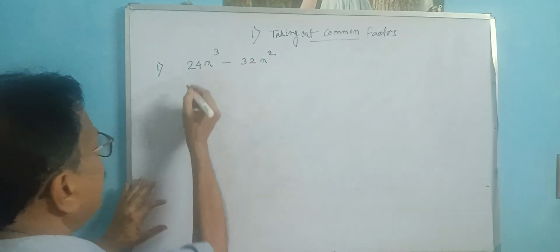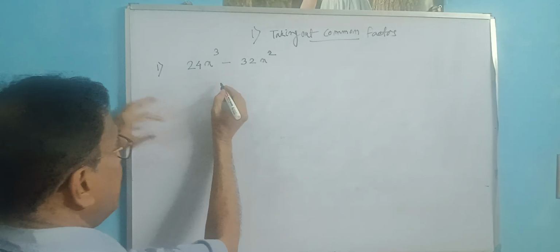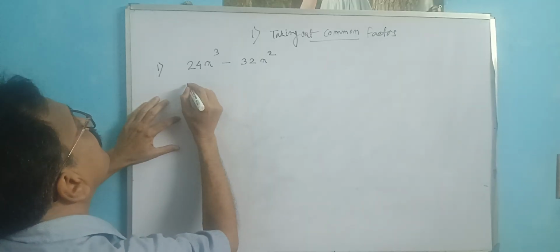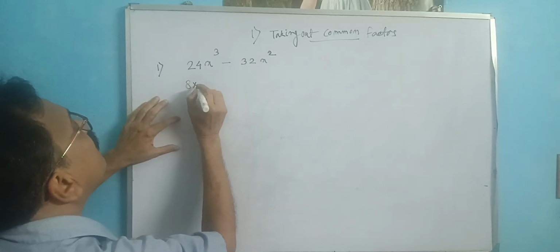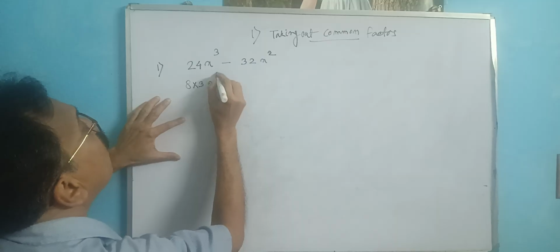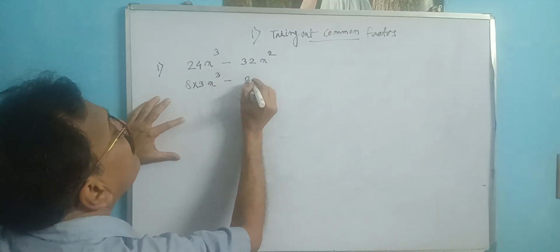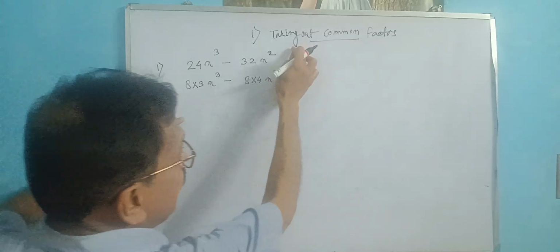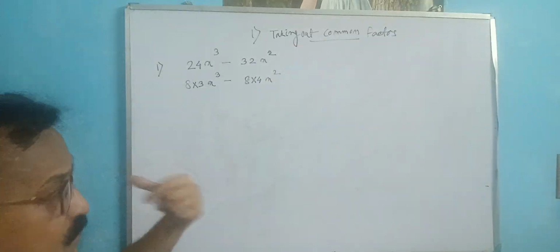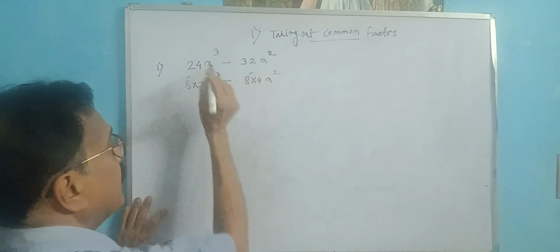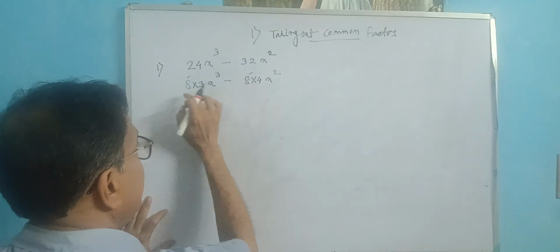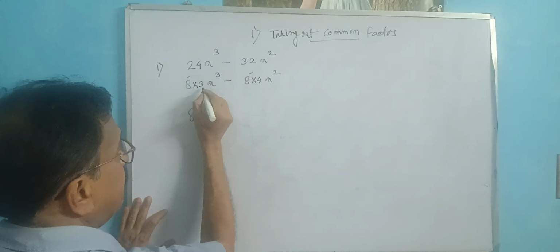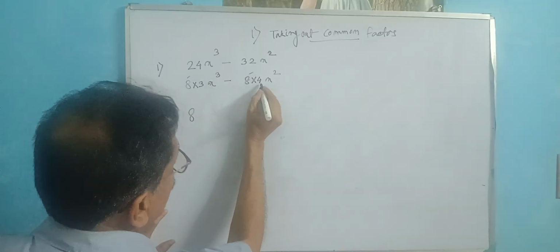So first you break 24, you write 8 into 3 x cube, and you write 8 into 4, just you break. Now taking out common factors, common things. Here is 8, here is 8, same as I said. Here is 3, here is no 3, here is 4, here is no 4.